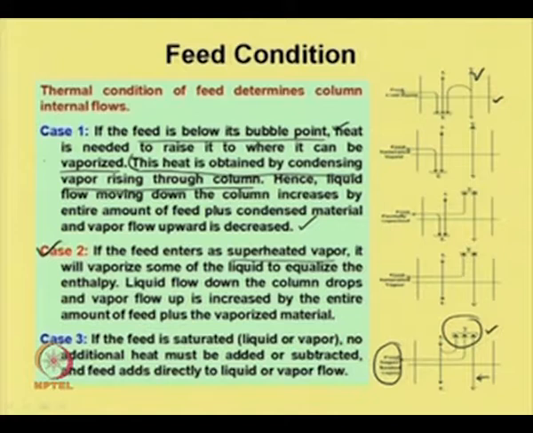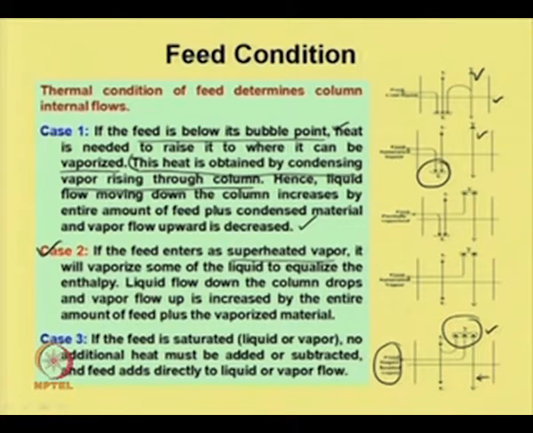if the feed is saturated liquid or saturated vapor. If it is saturated liquid, all the liquid will go down along with the liquid which is coming from the top of the tower, and the vapor flow in both the sections remains the same.